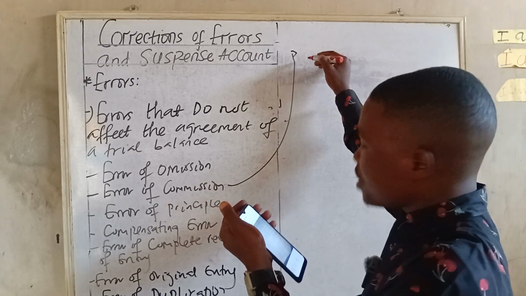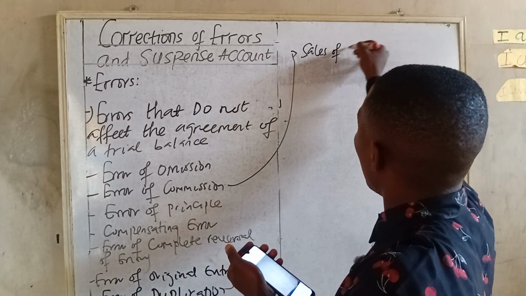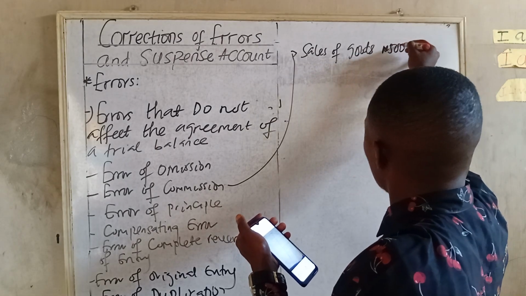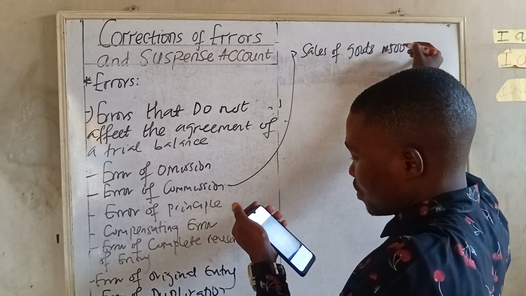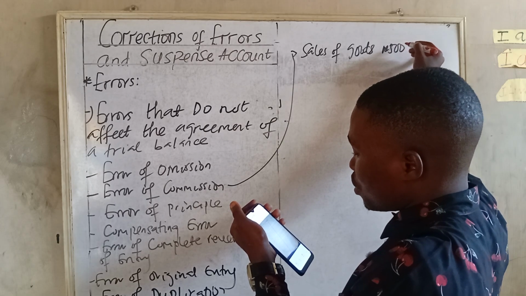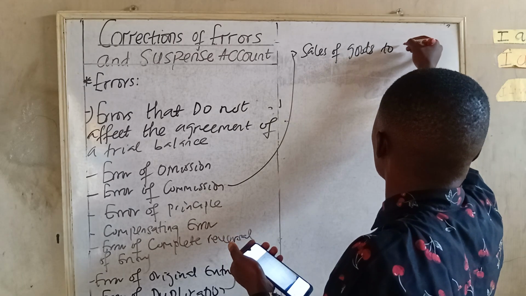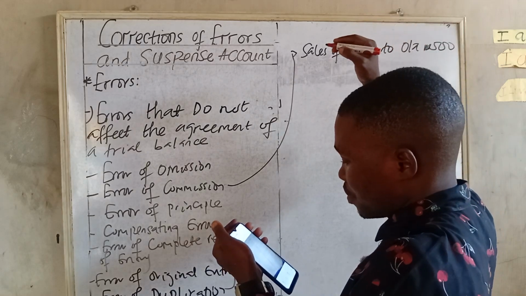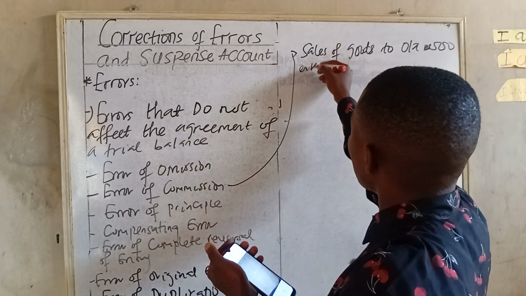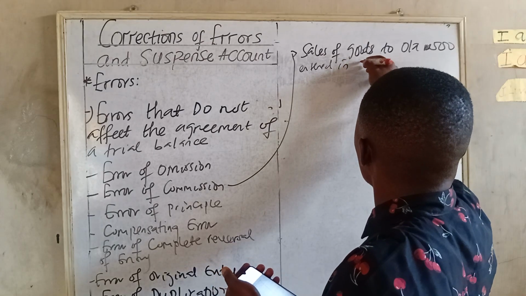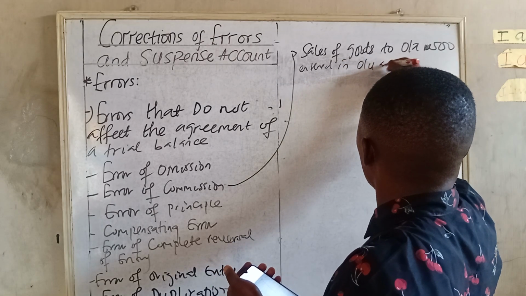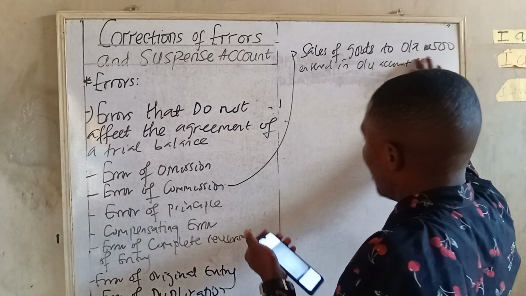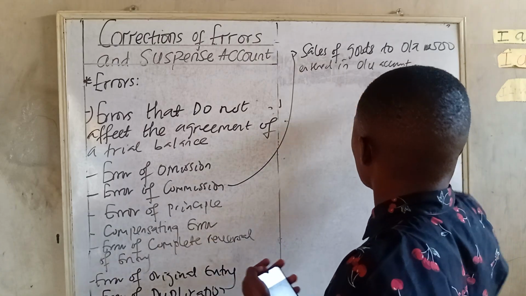It says sales of goods to Ola, 500 naira, entered in Olu's account.